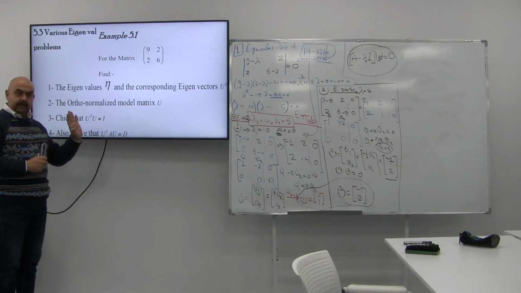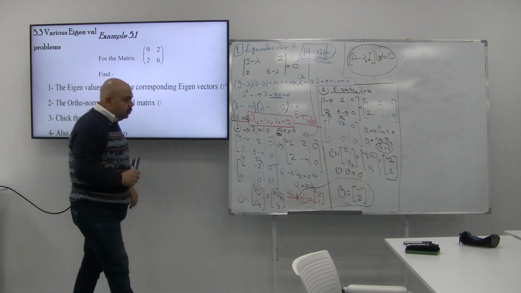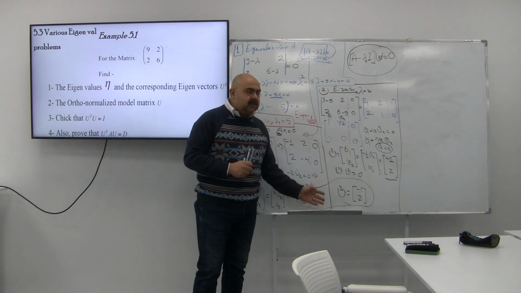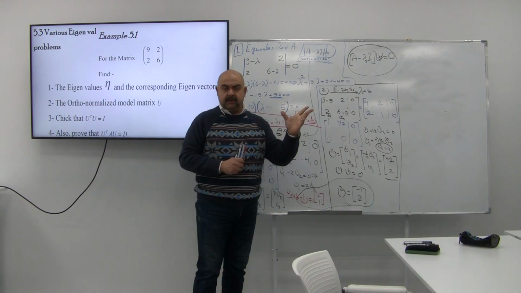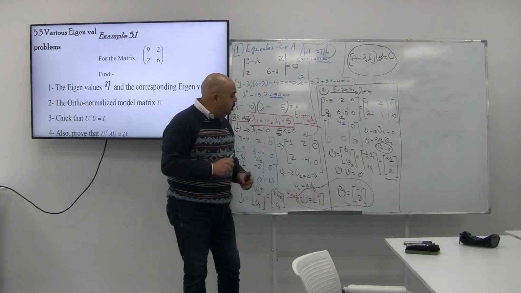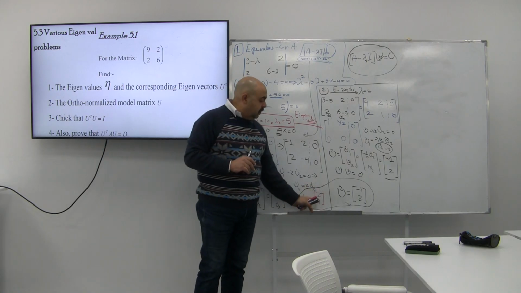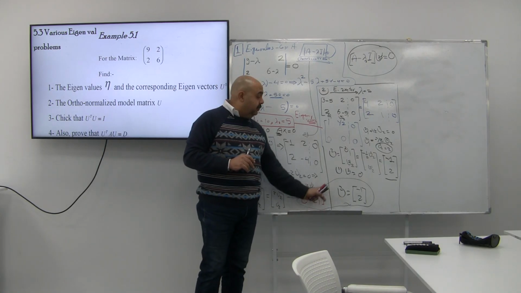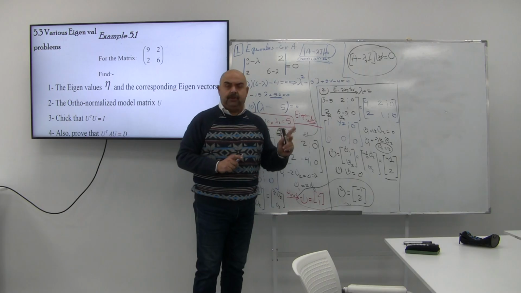It's really very simple. All I have to do is to change these two vectors into normal forms. How to change these vectors into normal forms? All I have to do is to divide the components of each vector by its magnitude.